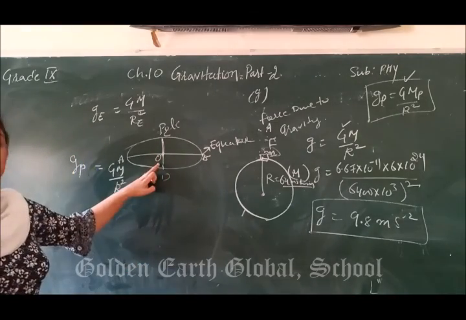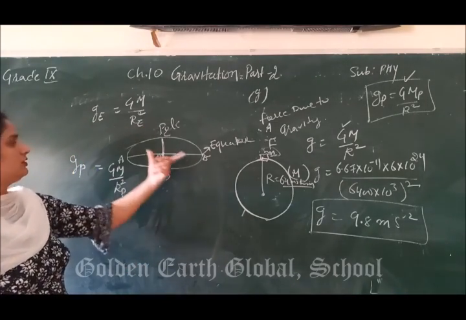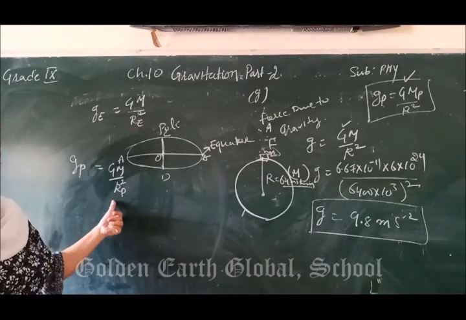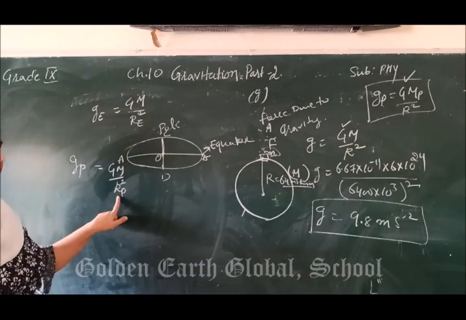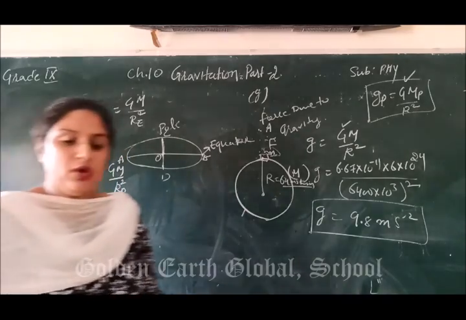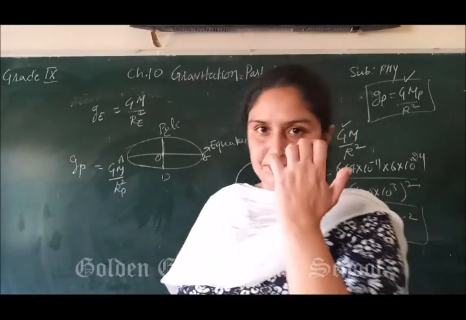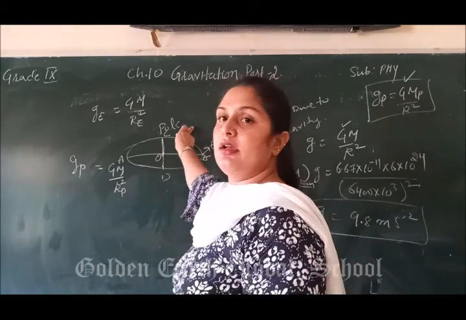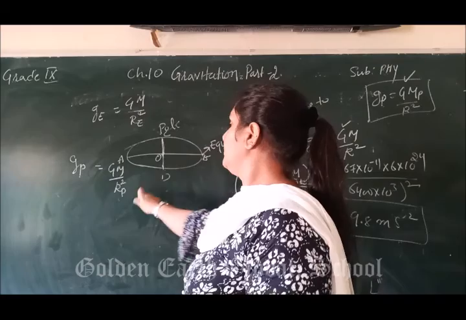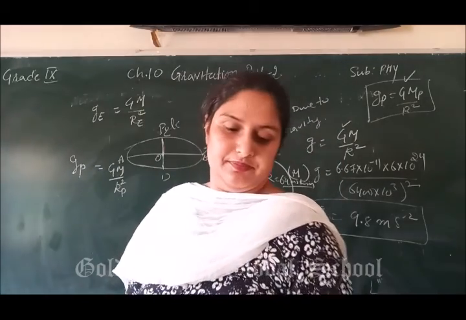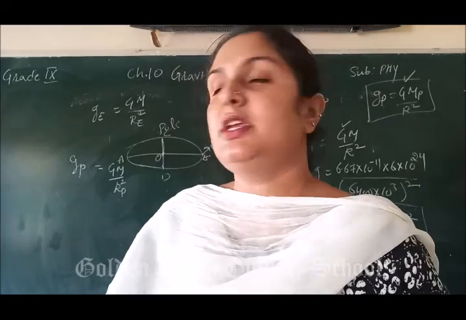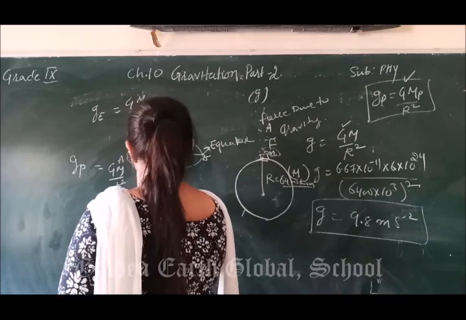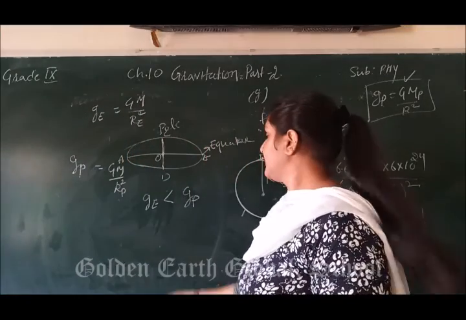As is clear from the figure, R e, the radius of the equator, is greater than the radius of the pole. This value is greater as compared to this much. So R equator is greater than R pole, and hence g equator will be less than g pole. That means the acceleration due to gravity at the equator will be less than the acceleration due to gravity at the pole.